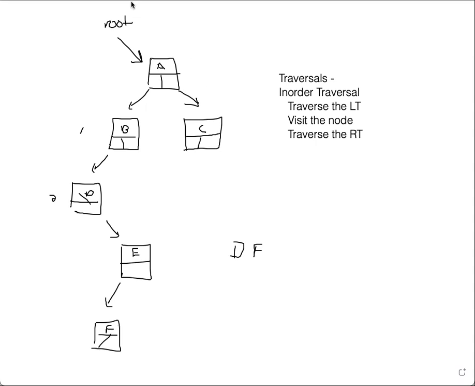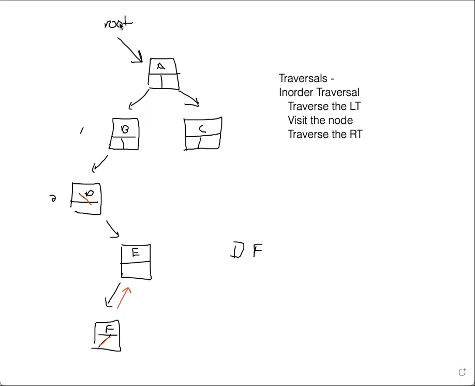I'm at F, I visited the node, traverse the right, doesn't happen. So now I've done all 3 of these, I go back to where I came from. I go back to E. I've done the left for this version of the traversal. I now visit the node. So then the E gets put in here.